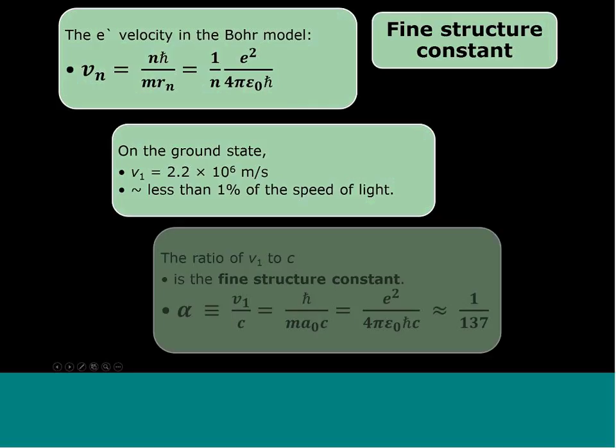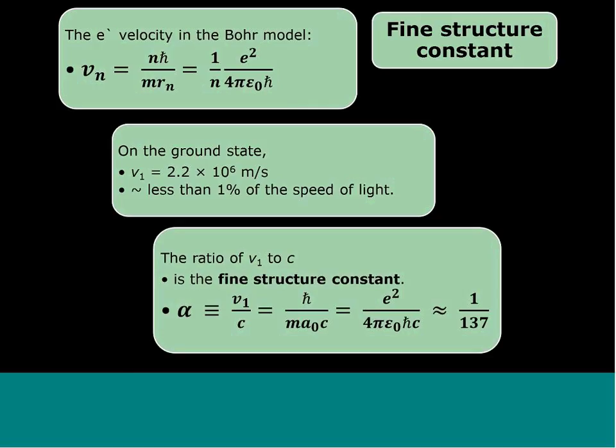In the ground state we have v equal to 2.2 x 10^6 meter per second, which is about 1% of the speed of light. Then we have alpha equal to v over c, so it equals 1/137.